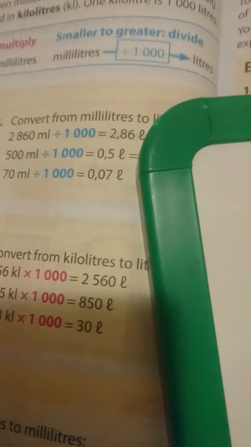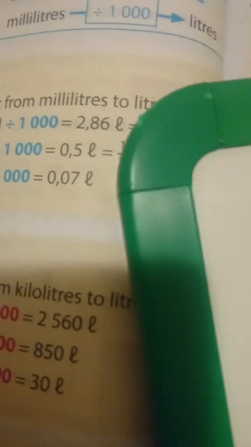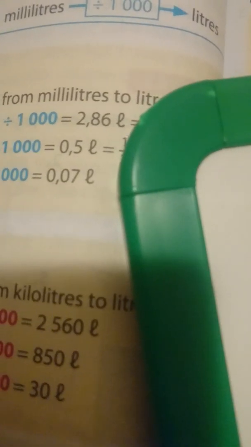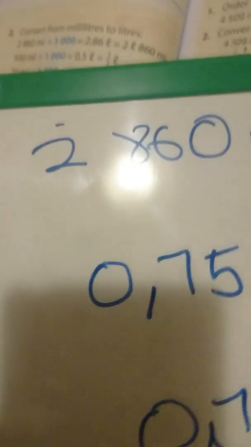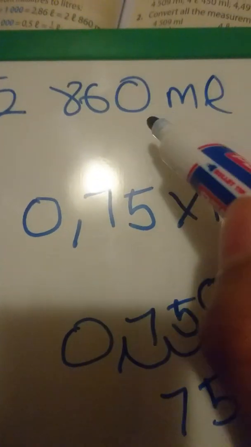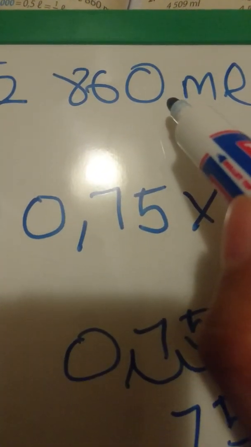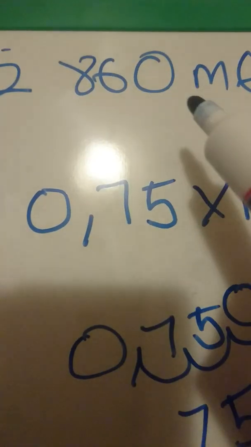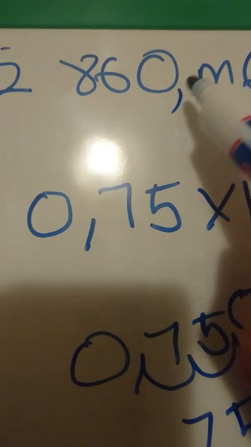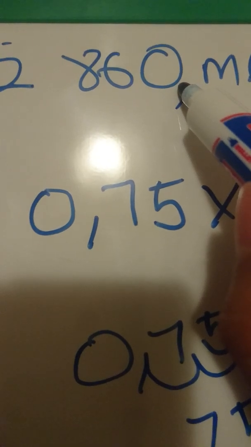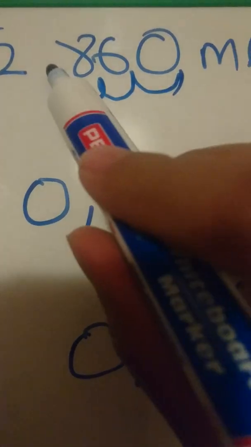If we have 2,860 milliliters and we want to convert it into liters, we have to divide it by 1,000. So when we divide, we move our comma to the left. So our comma is here. So we move 3 spaces. 1, 2, 3.